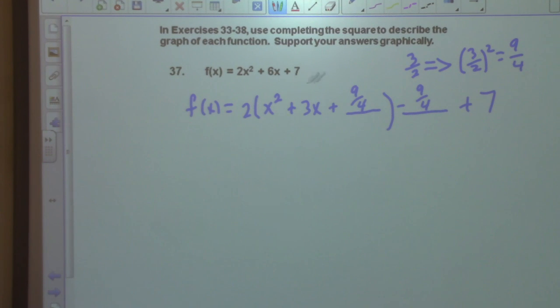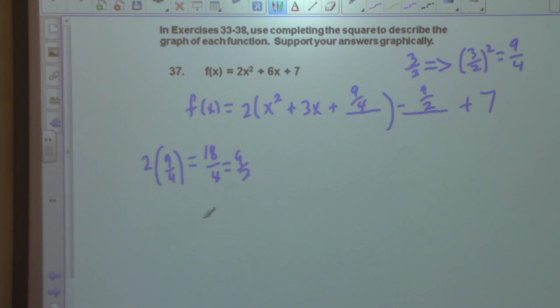Well, what happens is we have to remember that this 9/4 is being multiplied by 2. So what we have is, I'm going to do a little side. So we're going to have 2 times 9/4, which is 18/4, which is 9/2. So what we're going to have to do is subtract 9/2 out here instead. So now we have this.